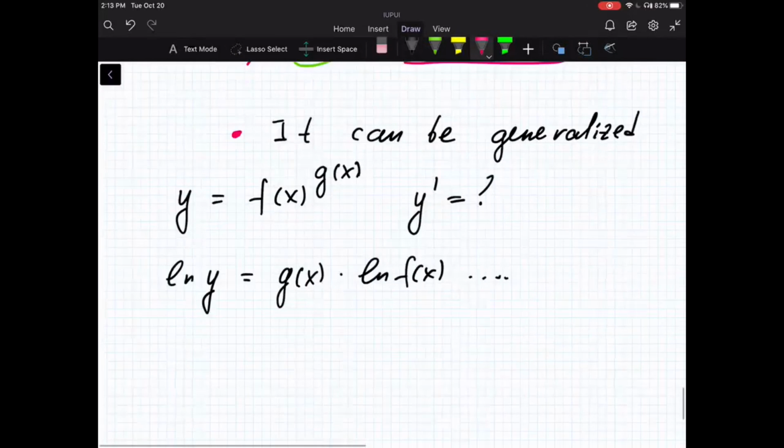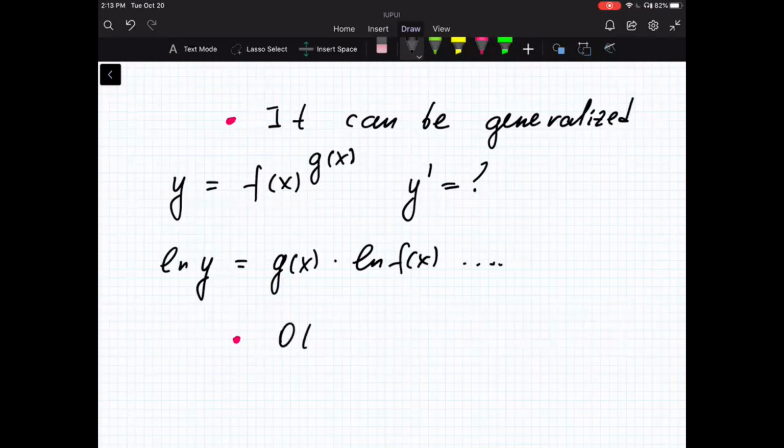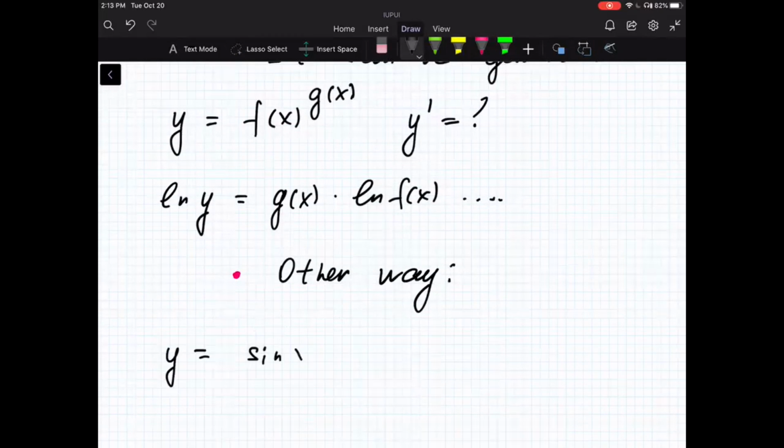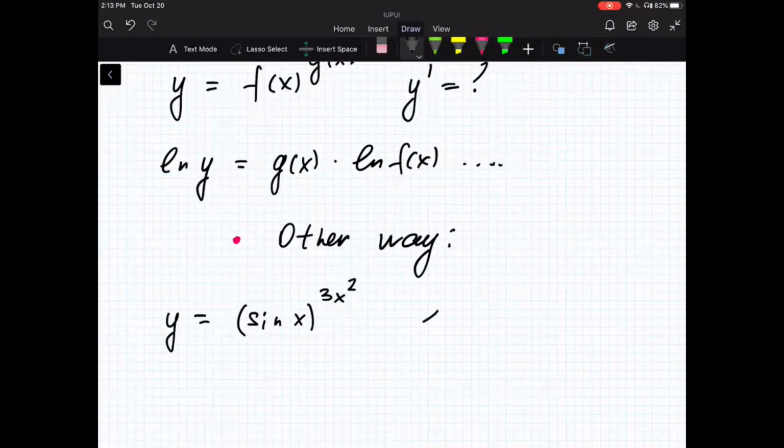Maybe third remark, so another way to think about it. Suppose you have sine of x to the power 3x squared, something like this. You can consider the logarithm of y, that will give you 3x squared times logarithm of sine of x, and then differentiate.